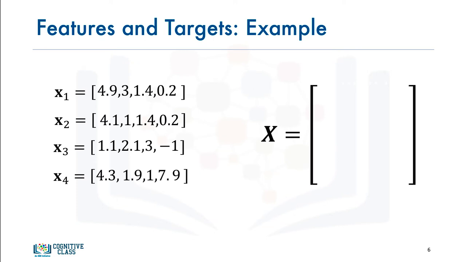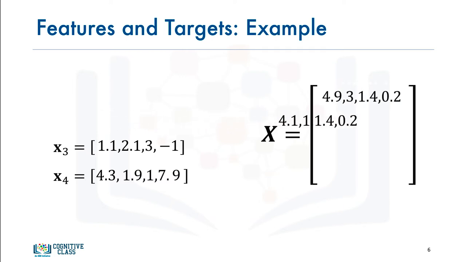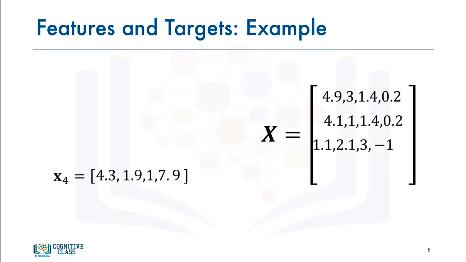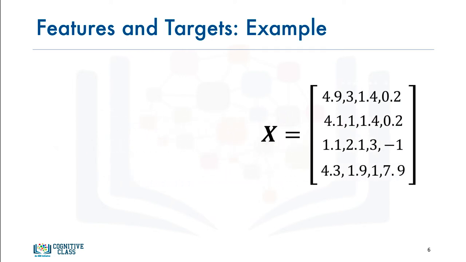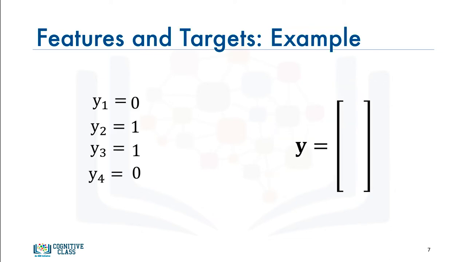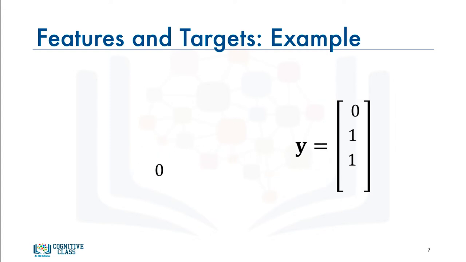Like regression, we'll represent these with a matrix, where every row in the matrix represents a different sample. Our vector y will contain discrete values, in this case 0 and 1, and this will represent the actual class, i.e. the color in the previous example.